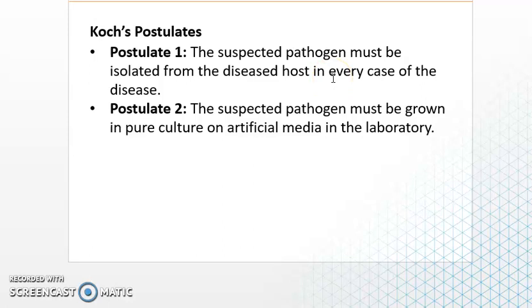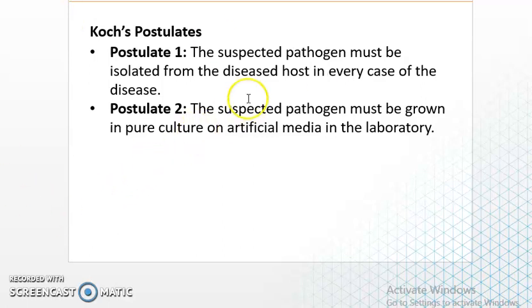Otherwise, if I don't find it, it means COVID-19 is not the reason for corona. But if I find it in each single patient who has corona, and that's why we are doing the test, it means this COVID virus is the reason for corona disease.